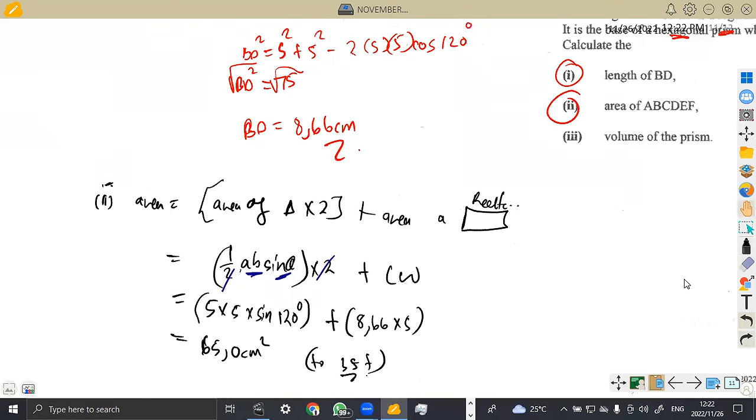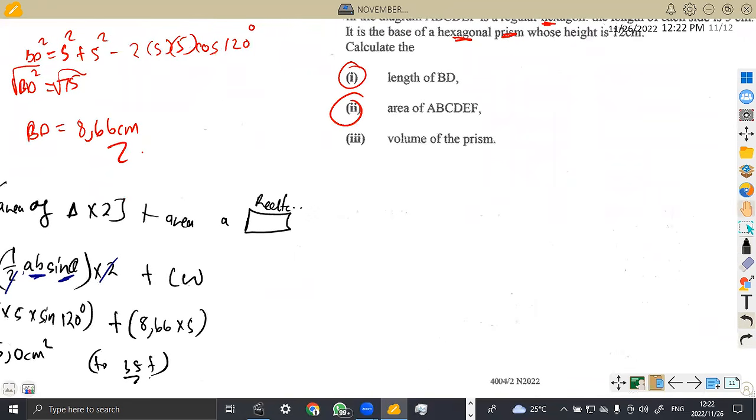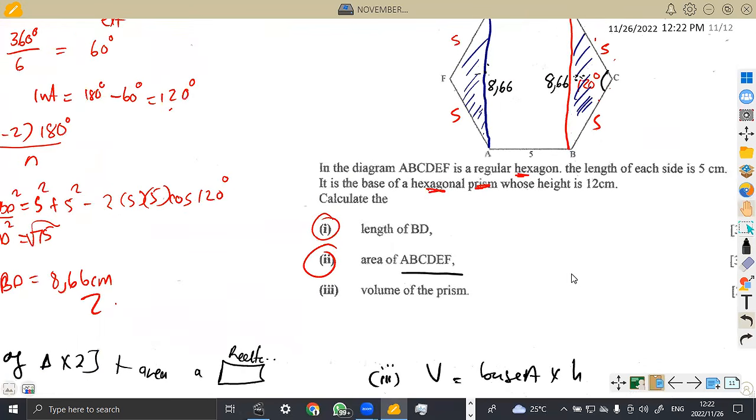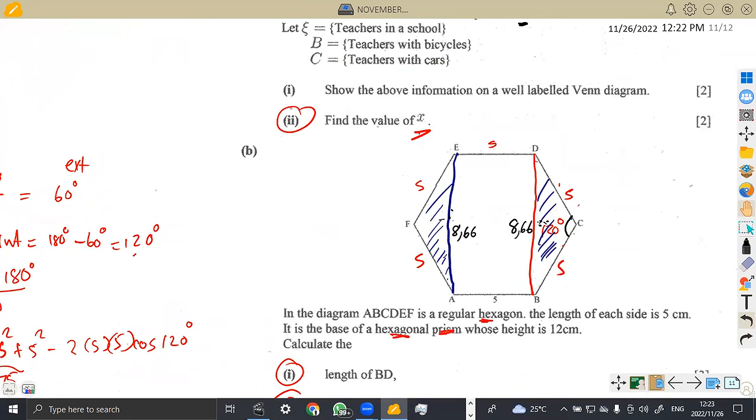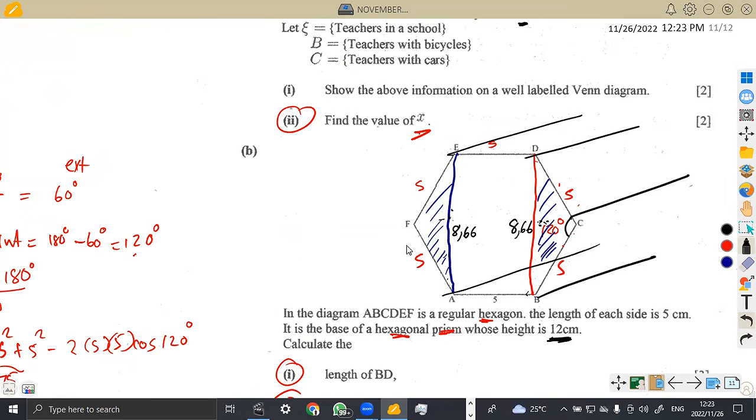This is item 2. Then item 3, we now need to calculate the volume of the prism. Remember, guys, I told you volume is equivalent to the base area times the height. The base area is the cross section, because this ABCDEF is the cross section that we see, and this is a prism whose height is 12 centimeters. From this shape that we see to another shape on the other side, there is a distance of 12 centimeters.